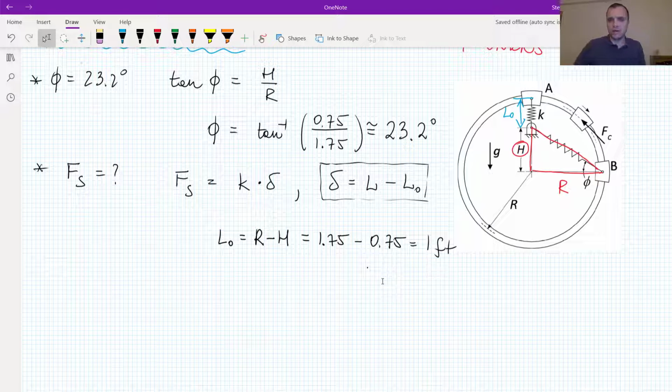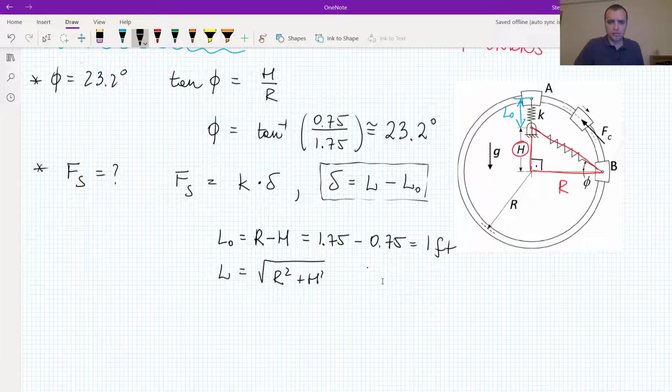Okay, how about L? L is this distance, this black distance. Since this is a right triangle, our L will be square root of R squared plus H squared.